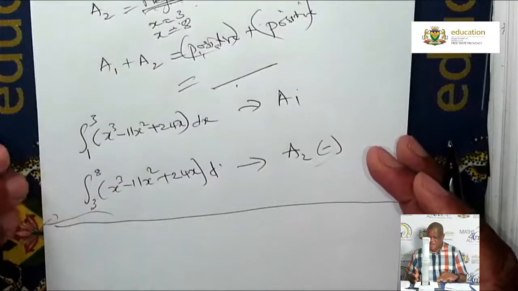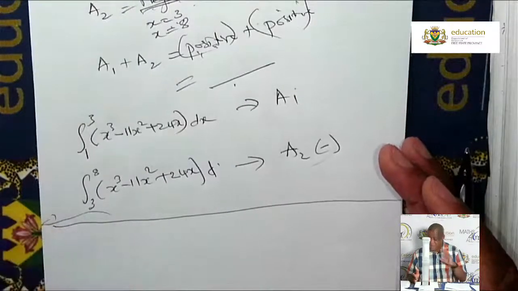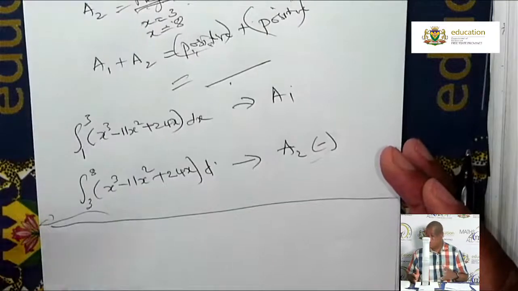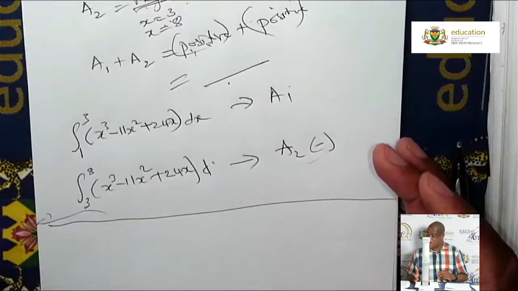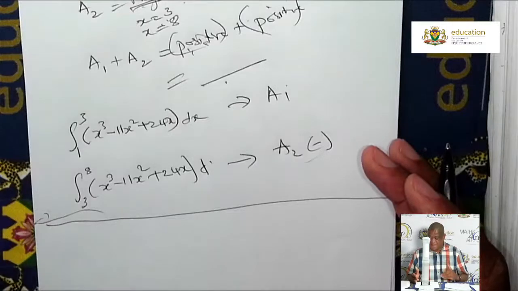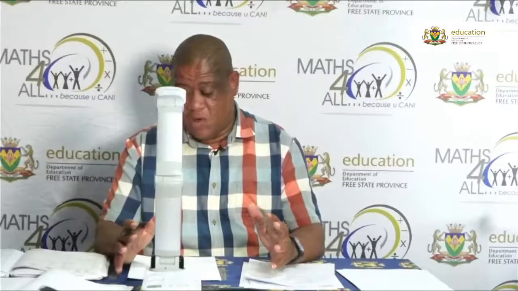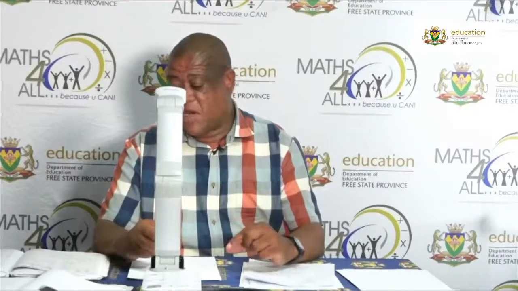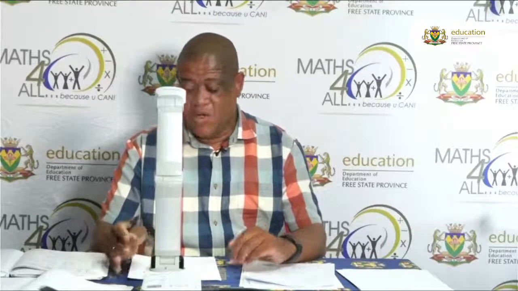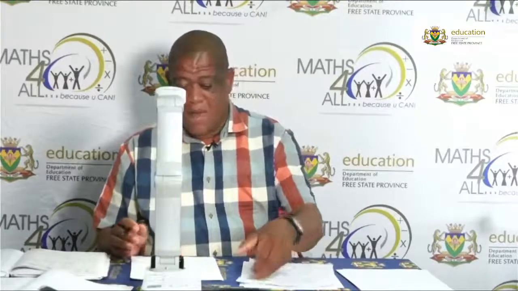Let us make sure that we understand what is needed by a question, but have the picture that question 1 will be solve for x, 2 will be the nature of the roots, 3 will be exponents, logarithms, sets, 4 will be functions, 5 will be finance, 6 will be the calculus part of it, which of course carries a lot, and part of calculus on question 7, which will be cubic function, and part of calculus which will be the application on question 8, and then integration will be on question 9, and that is where our marks will be.